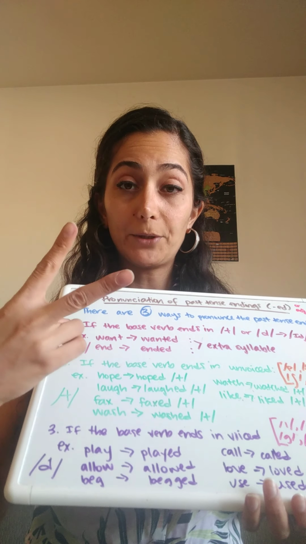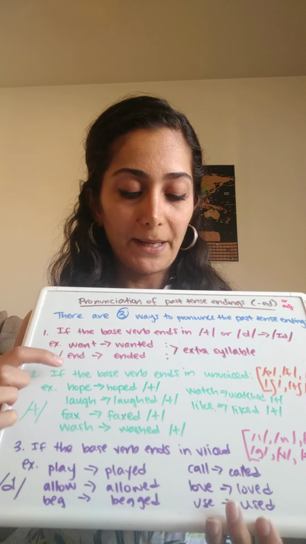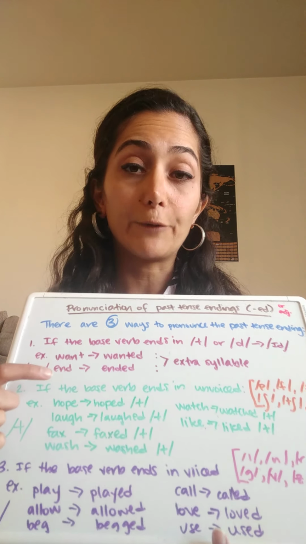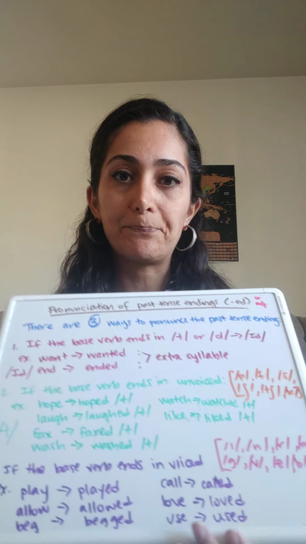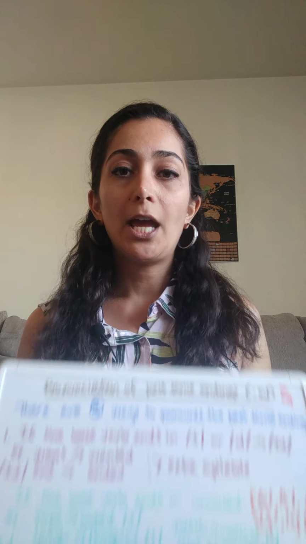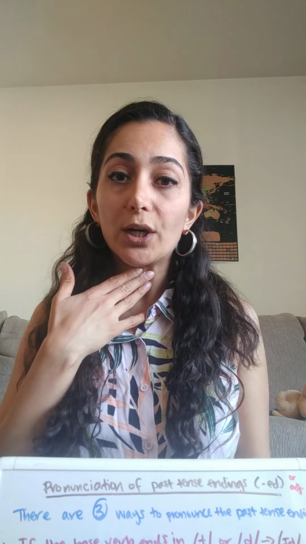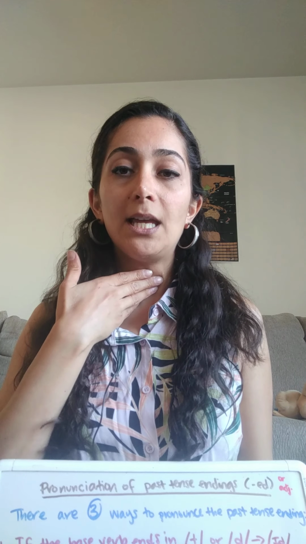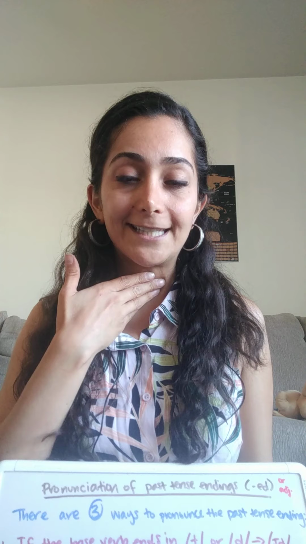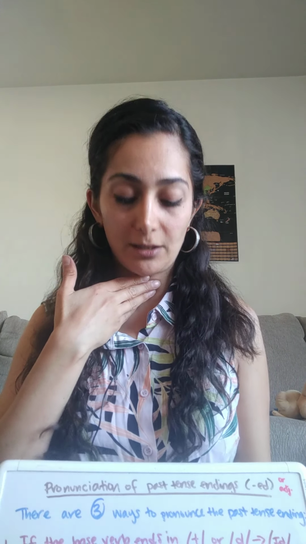Rule number 2. If the base verb ends in an unvoiced sound. We talked about voiced and unvoiced in one of the previous lessons. We did the vocal cord test. Remember, if you put your hand on your throat, if it is a voiced sound, you will feel vibrations, okay?